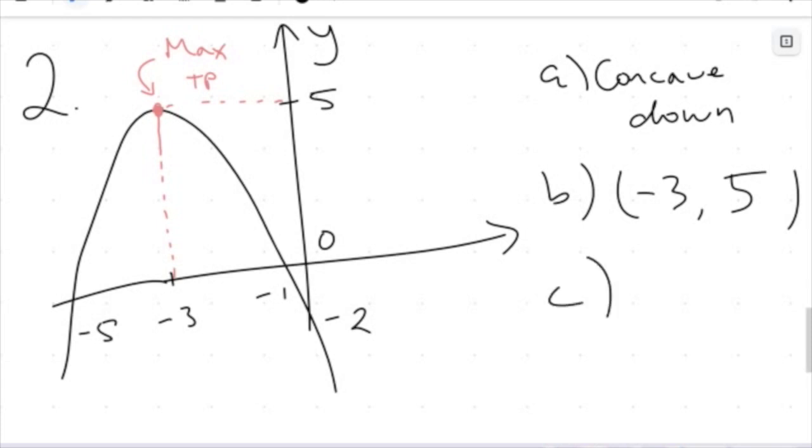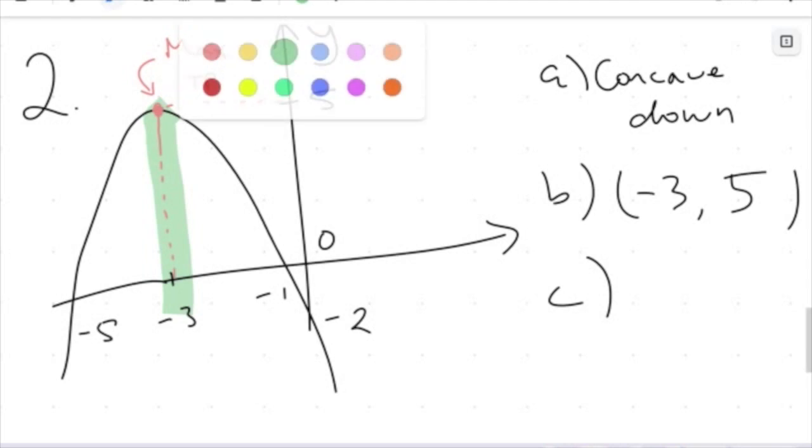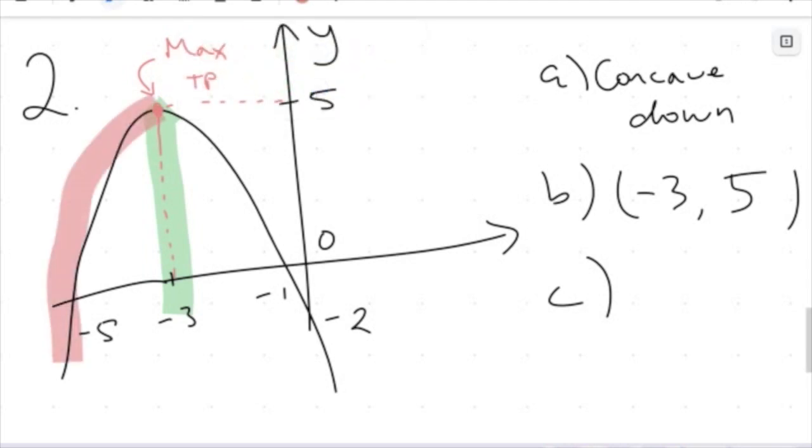Now for part C, let's look at what the axis of symmetry is and what the equation of the axis of symmetry is. Some of you may have noticed that this particular vertical line is actually the axis of symmetry, because what's happening on the left is reflected on the right, has this mirroring effect. So we want to identify where along the x-axis this axis of symmetry falls, and that is at this -3 point.